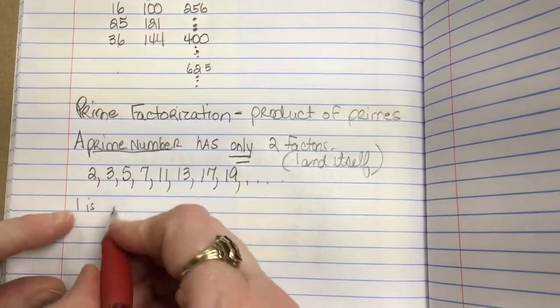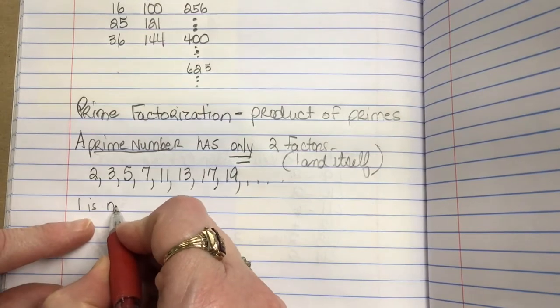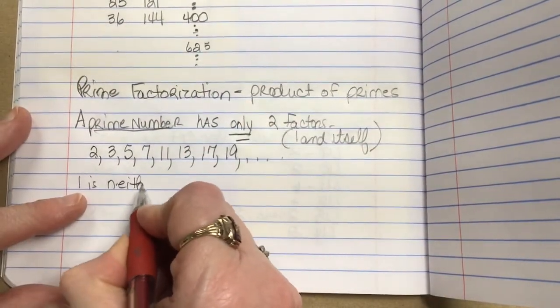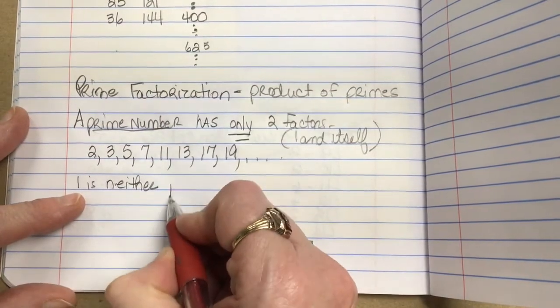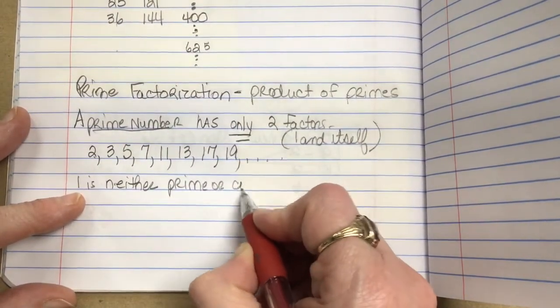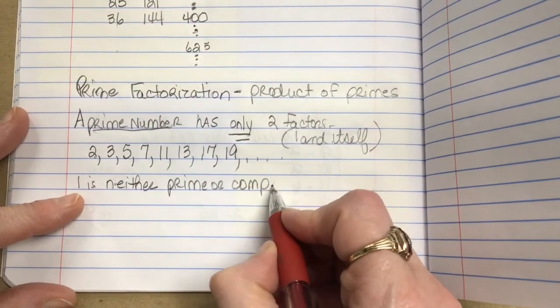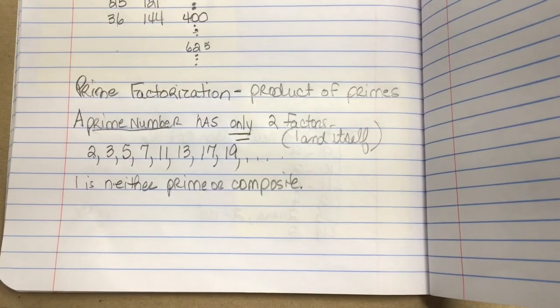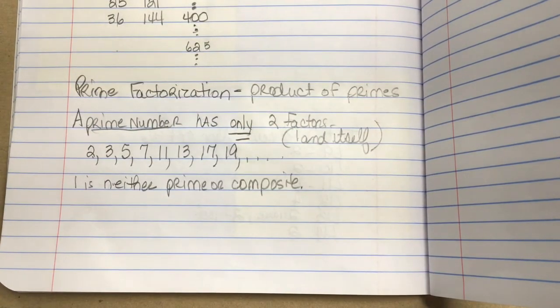Neither prime nor composite. Why is it not prime? It only has 1 factor, that's right. So 1 is neither, 2 is prime, and then you just start naming them from there. Okay, let's just jump into it.